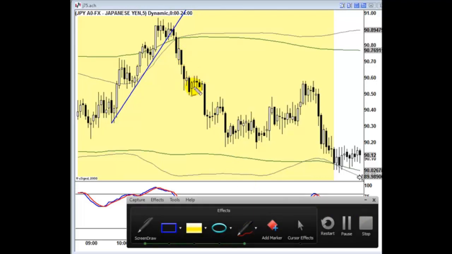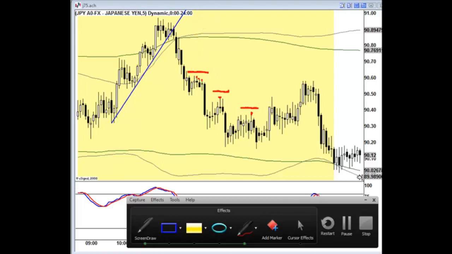So we've had a move down here, we've got a little horizontal line formed there, and then another move down, a little bit of a bounce, another horizontal line formed there, in other words the highs of these candles, then another move down, a bit of a bounce, horizontal line formed there at the highs of these candles, and every time we get this little pause and slight retracement in the price action, I'm able to move my stop loss down.